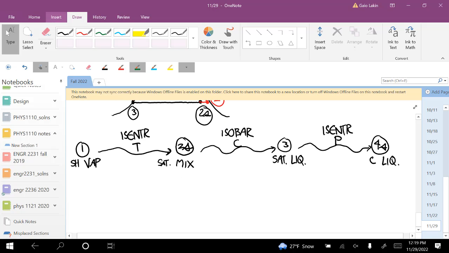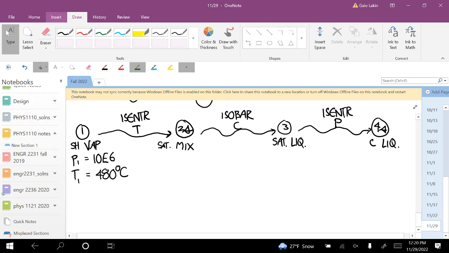State 1, we are given the pressure, so P1 is 10 times 10 to the 6 pascals. And we're given the temperature, 480 degrees Celsius. And so that's a superheated vapor, but we have 2 properties, so we can look everything up there.